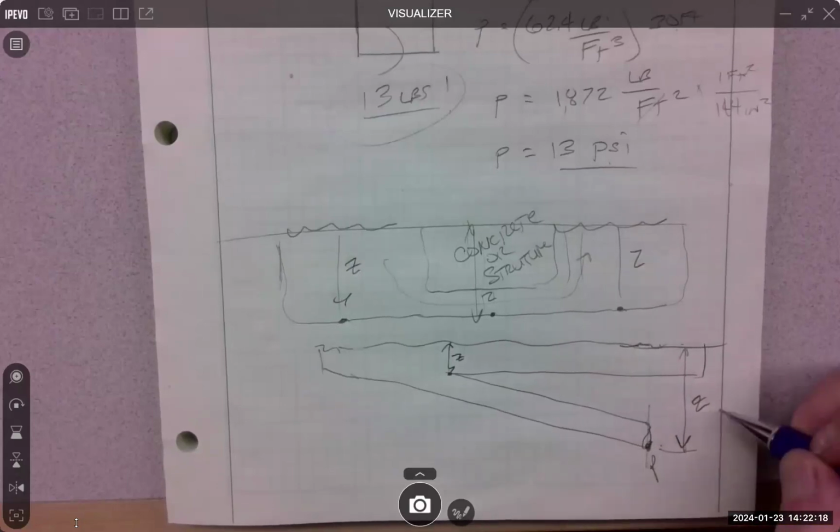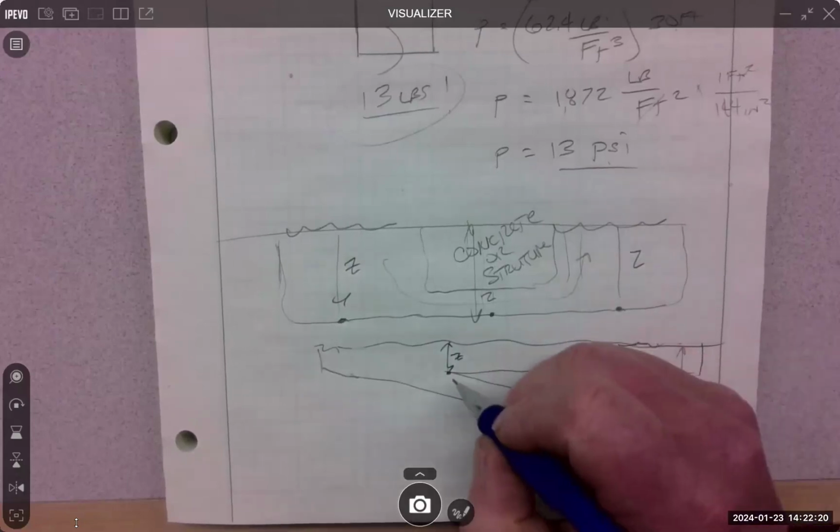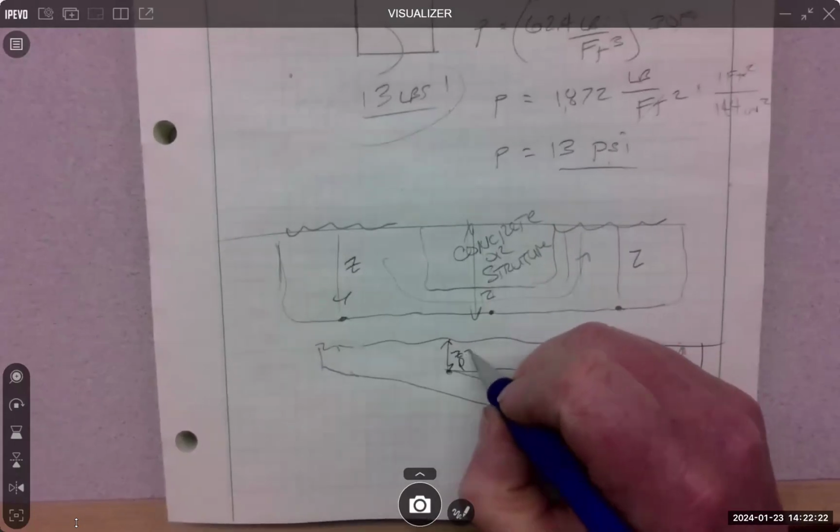So P here is going to use this Z1, P here is going to use this Z2.